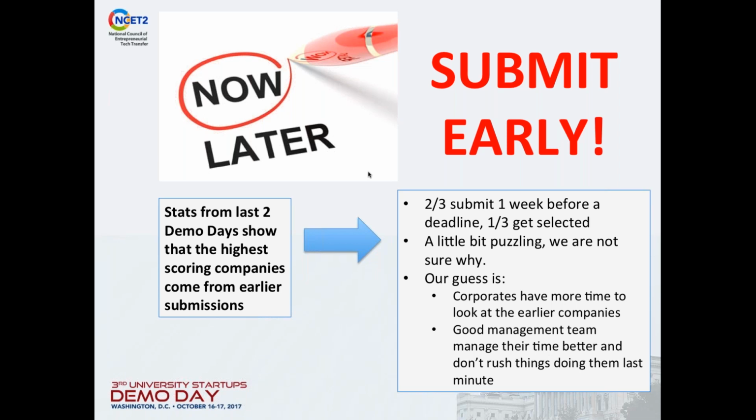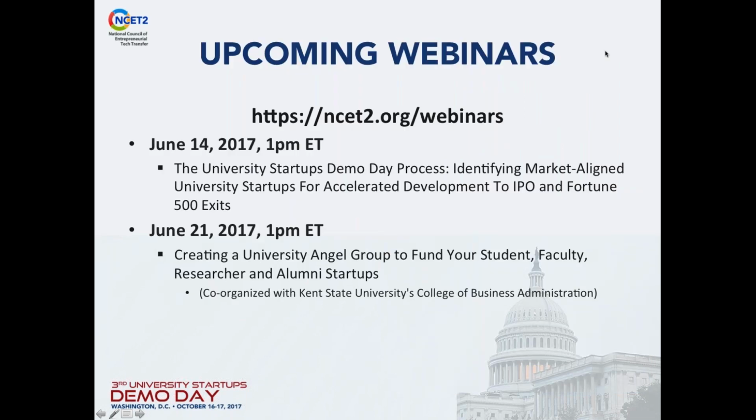And of course, if you are part of a good company with a good management team, I think it is part of your company culture not to rush things and do stuff last minute. So hopefully, keep it in mind that our deadline is in about a month, but we do encourage everyone to submit as early as possible, and that will also give us enough time to talk to you about corrections and stuff like that if there's anything wrong with your submission.